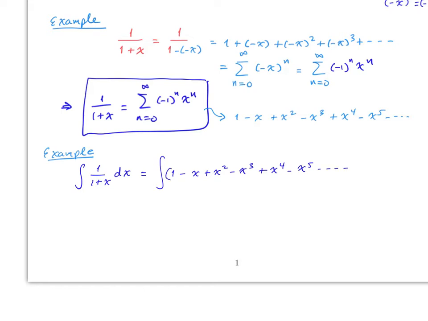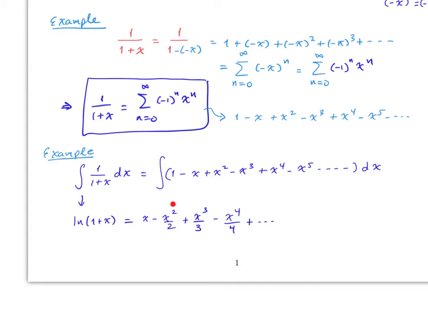If you're going to study applied math, power series are an essential part of this. So remember, the integral of this is equal to ln of 1 plus x. And here you can integrate 1 by 1. So this will be x, this will be minus x squared over 2 plus x cubed over 3, and so forth.